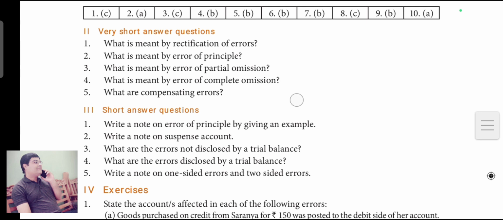Now in very short answer, 1, 5, and in short answer, the second one is important.